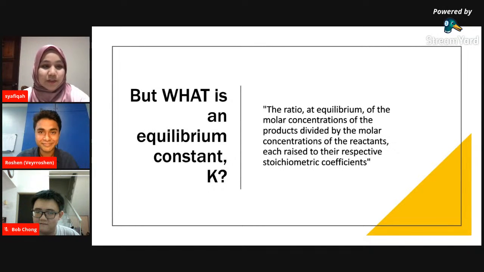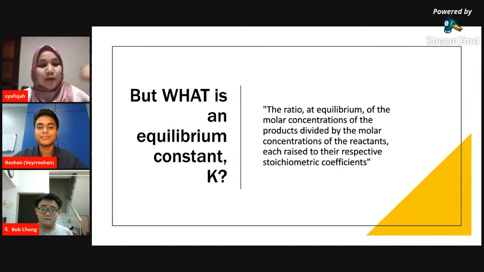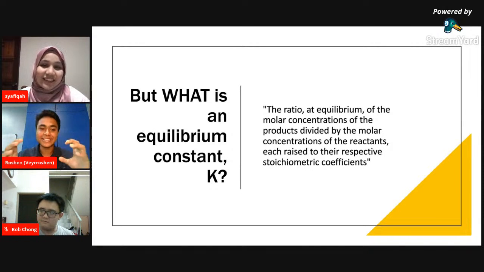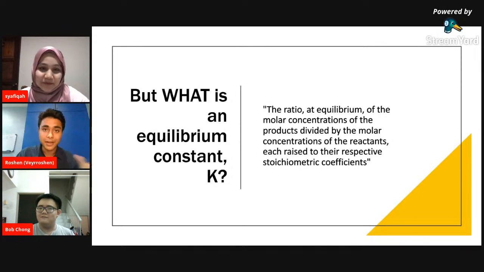It actually shows the concentration of the product to the power of the stoichiometric coefficients over the concentration of reactant to the power of the stoichiometric coefficients. So the formula is like big A, small a, big B, small b, the part we don't pay much attention to in class. That is an equilibrium constant. It shows the relationship between reactants and products.